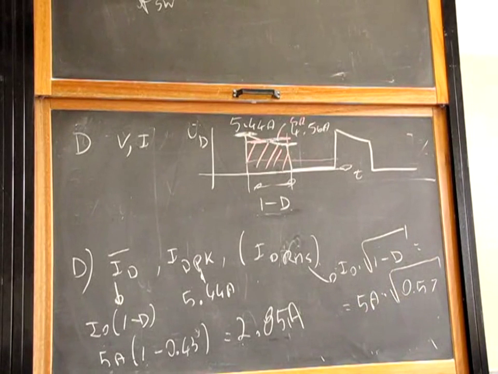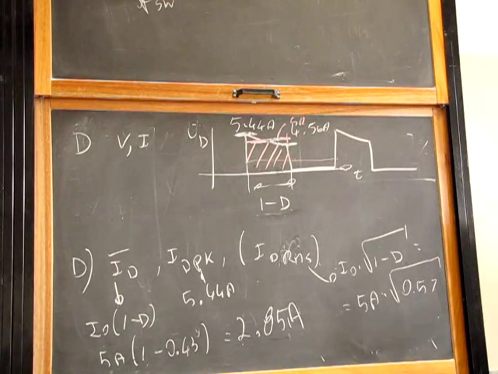How much is the square root of 0.57? 0.75, close enough, yes. A little bit more than 0.75.